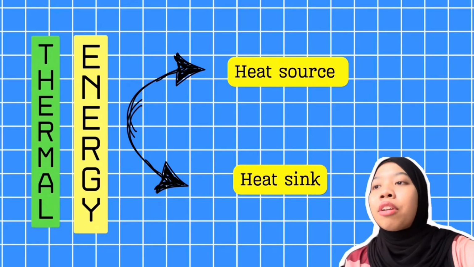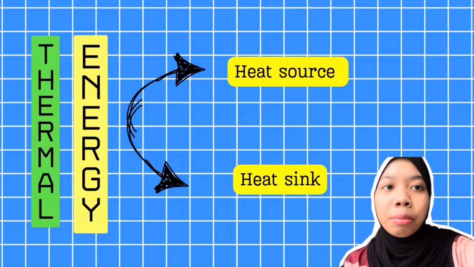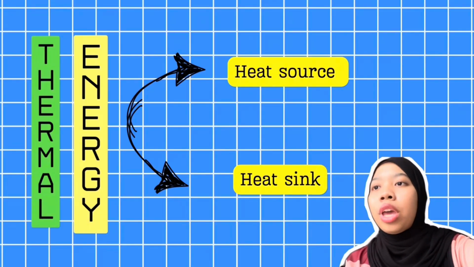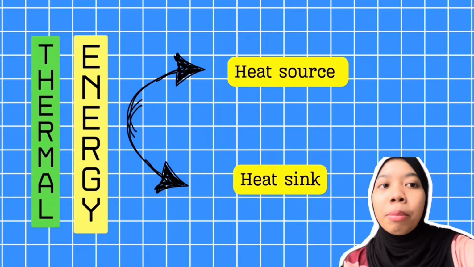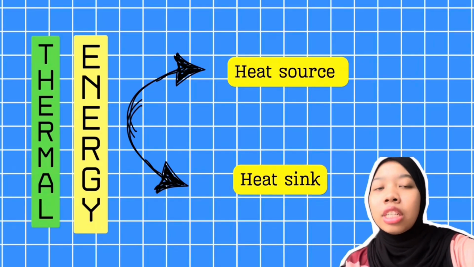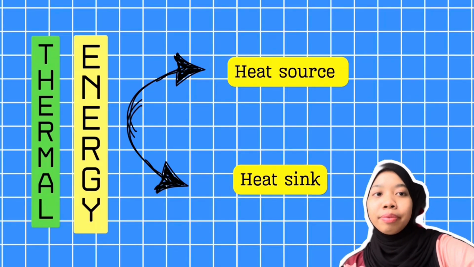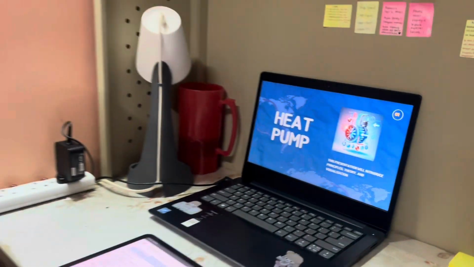The refrigerator is also related to the thermal energy reservoir. It is when heat is extracted from a low temperature reservoir to a higher temperature reservoir using external work. What is a Carnot refrigerator? A Carnot refrigerator is a refrigerator that operates on a reverse Carnot cycle.